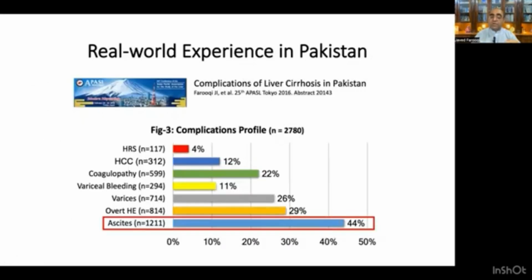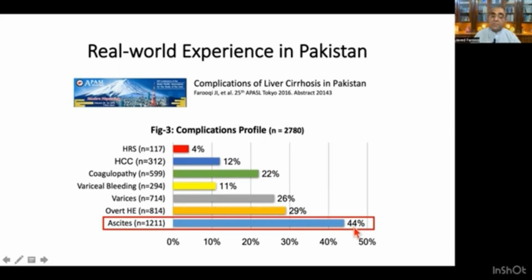I told you that if a patient develops ascites, whether in stage 1 or stage 2 of compensated cirrhosis, the patient jumps to decompensated cirrhosis. And when we presented our data of 2,780 patients, the complications profile at presentation of cirrhotic patients at our center, we found that ascites was the most common decompensatory event, at 44%.